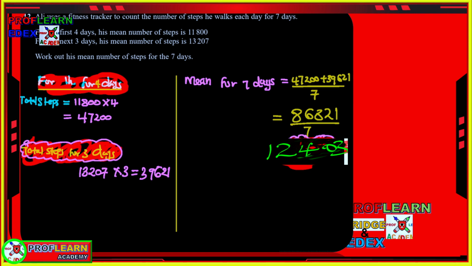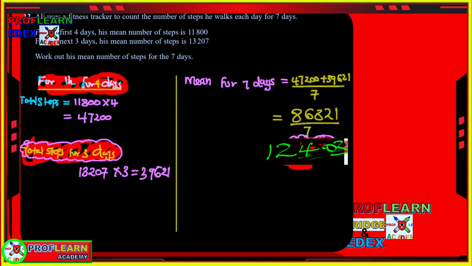12,403. I think I need to make that correction. At this given point it's 12,403. Let me see if I can make that correction. The total was 47,200, and the other one was 39,621.